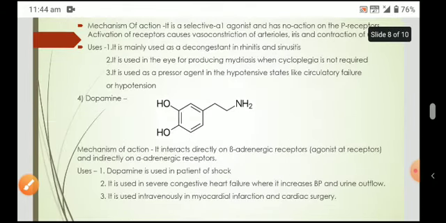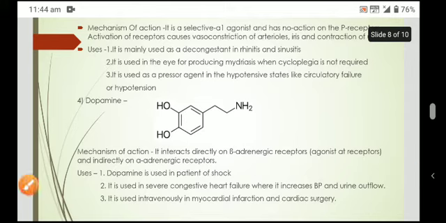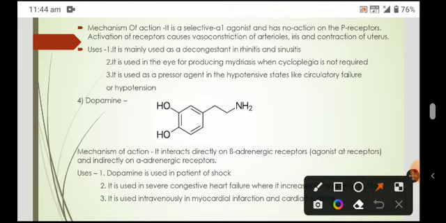Now moving towards its mechanism of action. It is a selective alpha 1 agonist and has no action on the beta receptors. It acts on the alpha 1 receptor, but it will not have any type of effect on the beta receptors.